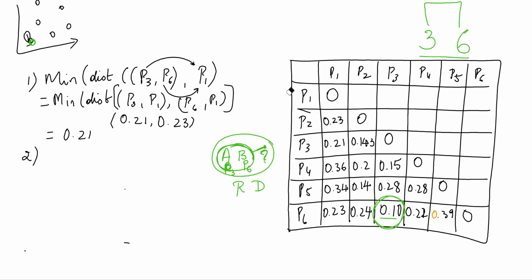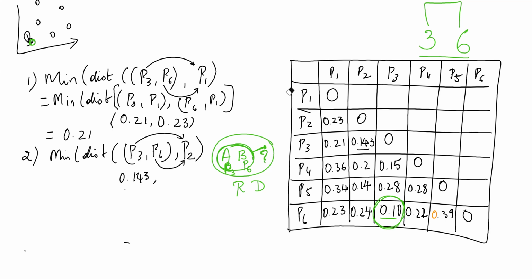Now for the second point, identify the minimum distance from P3 and P6 with P2. So it will be P3 to P2 and P6 to P2. P3 to P2 is 0.143, comma, P6 to P2 is 0.24. The minimum distance of it is 0.143.